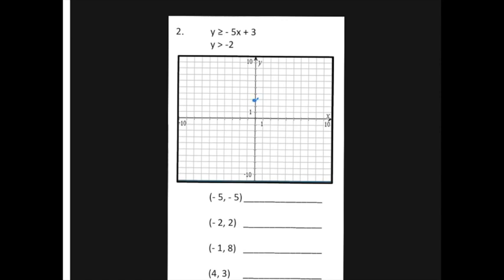The second one that we got was 1, negative 2, right here. So I put my second point right there. Then my third point that I got out of my Nspire was negative 2, negative 7. 1, 2, 3, 4, 5, 6, 7, right there.